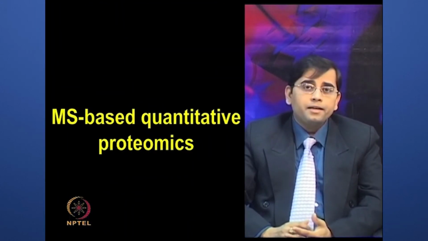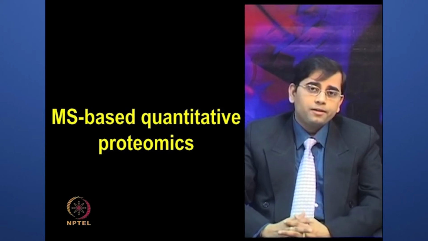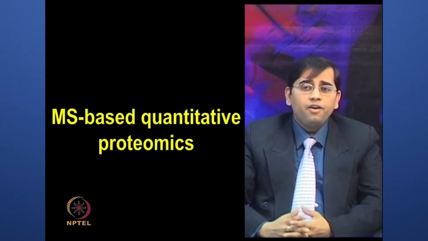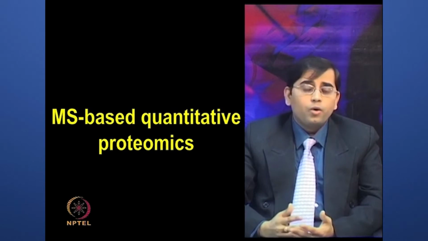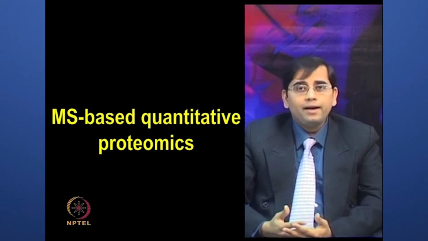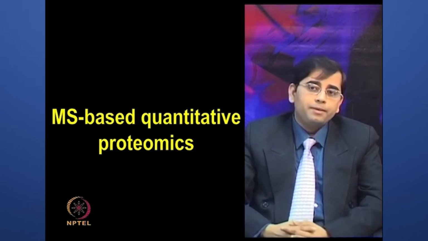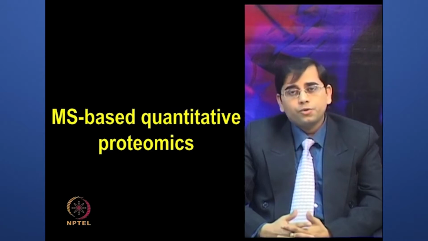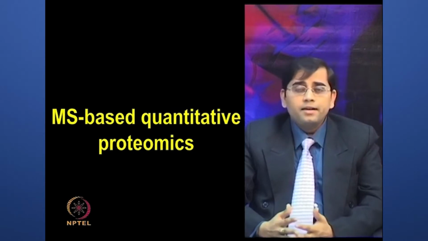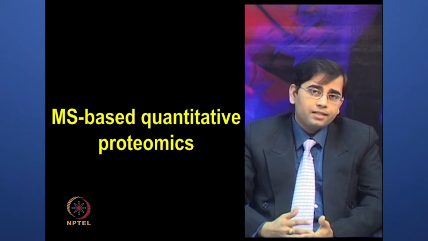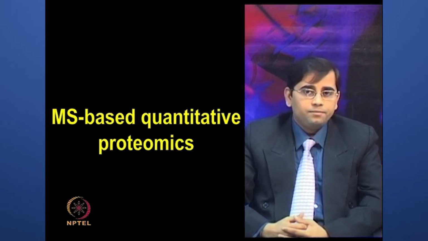The protein labeling with stable isotopes are new and effective methods for quantitative proteome profiling using mass spec. These isotopic labels can be introduced in vivo or in vitro and provide relative abundance of proteins for proteomic analysis.